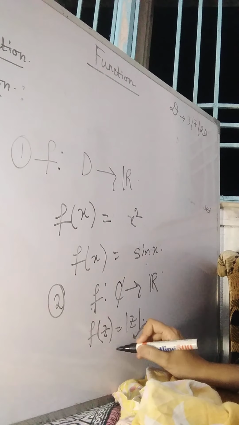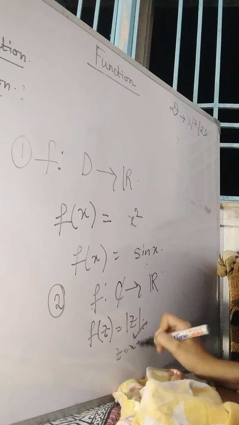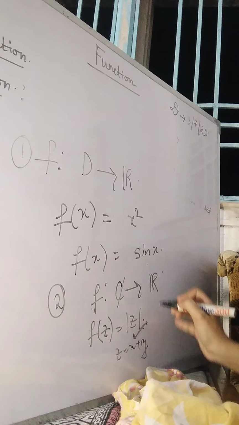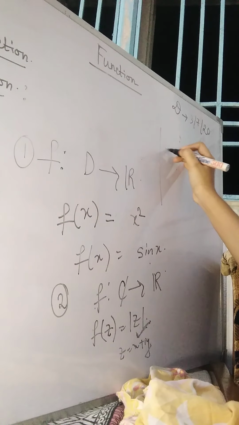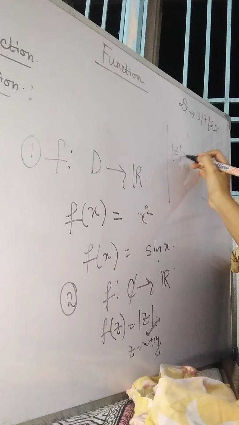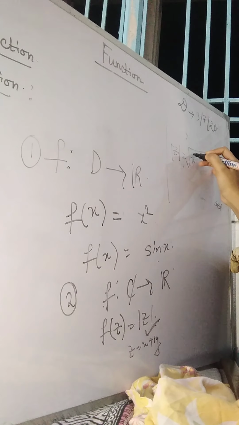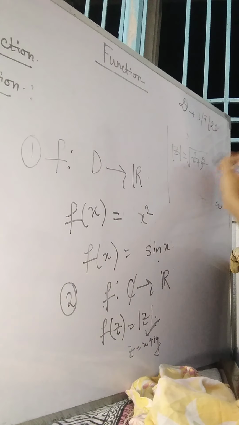It is defined as: if z equals x plus iy, then mod z equals root over x square plus y square.